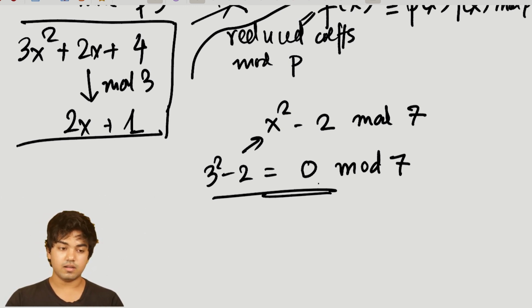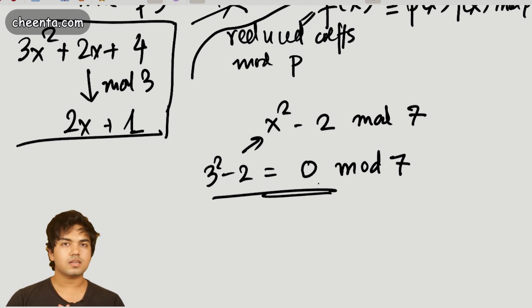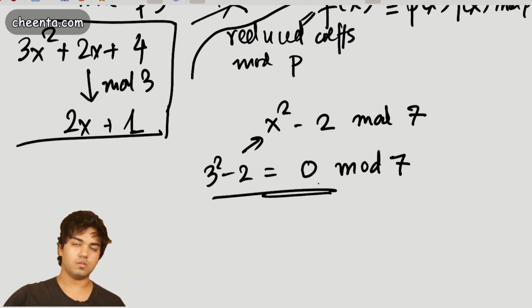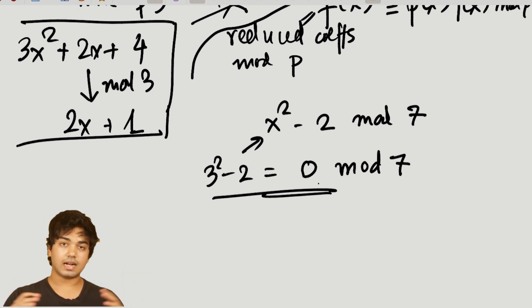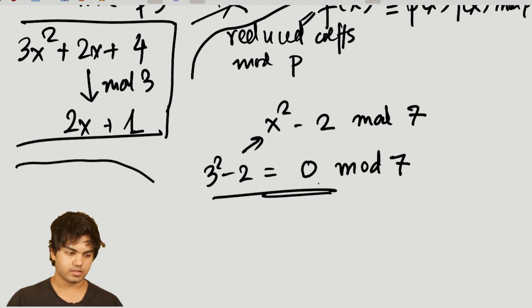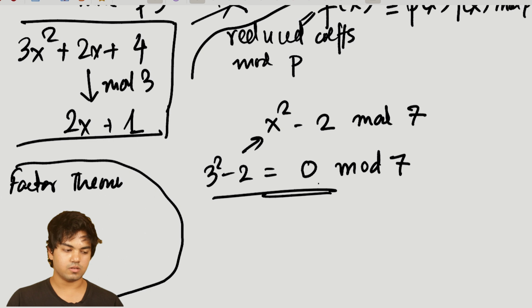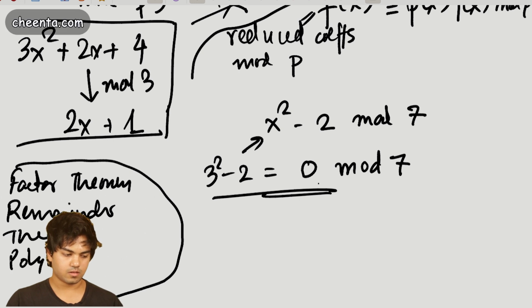Also, I'm slipping this in as a technicality, but this is an important result, which happens because you're working modulo primes. I will not get into why, but all the intuition that you have from working over the integers, factor theorem, remainder theorem, polynomial factorization, everything works the same way.